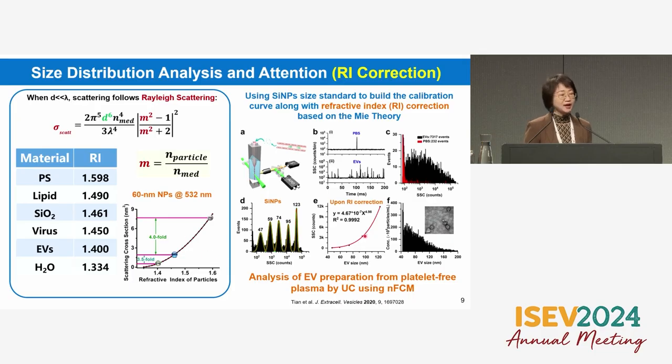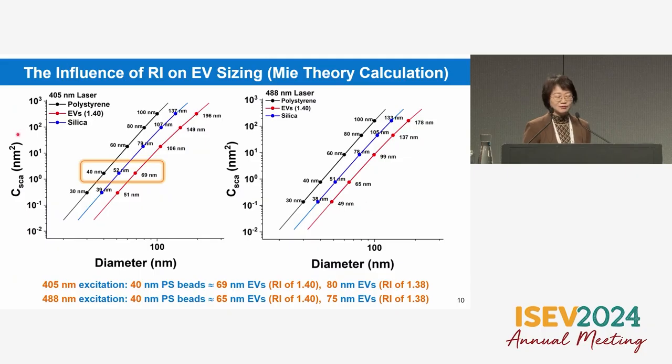So we really need to do the calibration curve and refractive index correction based on the Mie series calculation. Based on the Mie series calculation, a 40 nanometer polystyrene bead has scattered light equivalent to 69 nanometer or 65 nanometer EVs, if you excite it at different laser wavelengths.